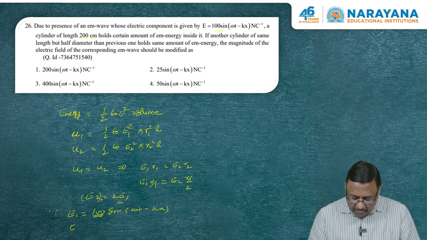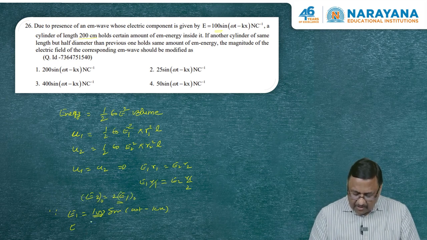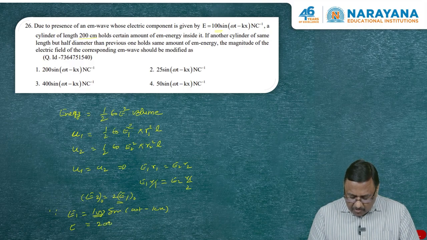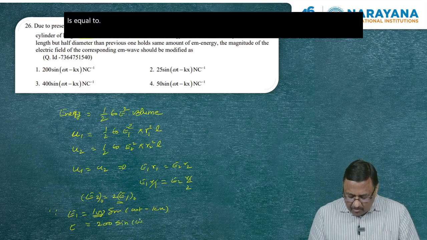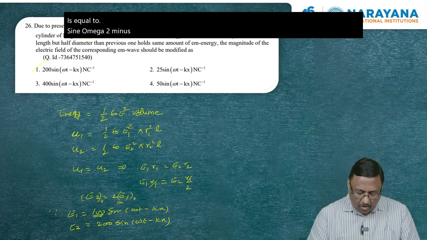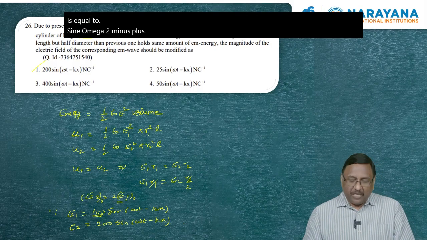E2 maximum is 2 times E1 maximum. So E2 is equal to 200 sin(omega t minus kx). I hope you can easily understand. Yes, the first option is the right option for this given question. Hopefully that should be clear to all of us.